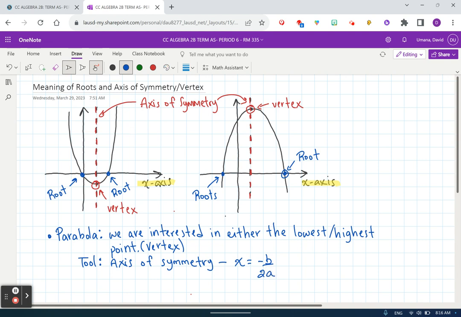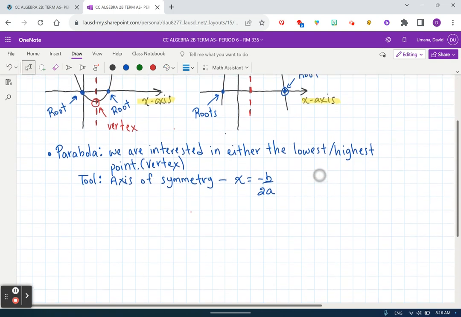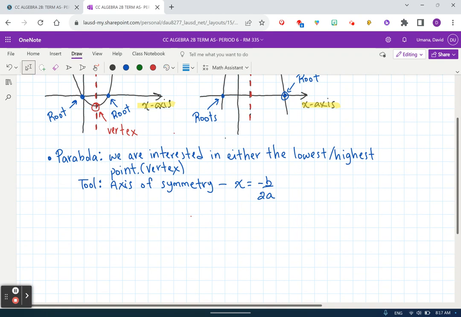This is the first thing that I need in order to figure out the lowest or the highest point. The second thing I need is to be able to figure out the roots.